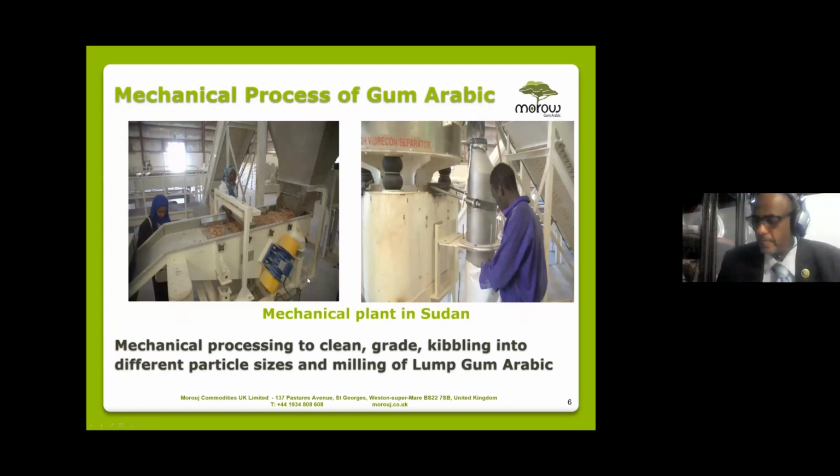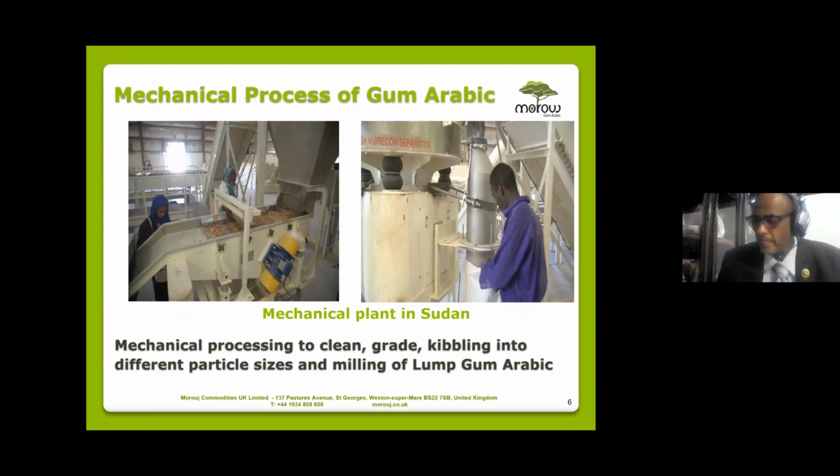The mechanical process is a plant comprising a vibrating sieve, sorting belt, and hammer mill for kibbling the gum or grinding the gum nodules, which produces granules.